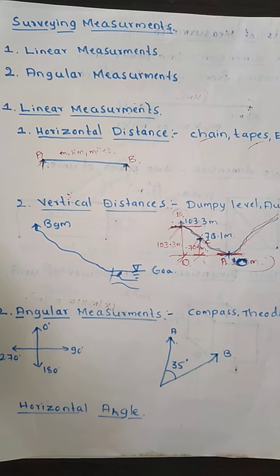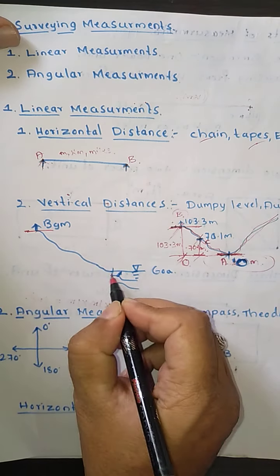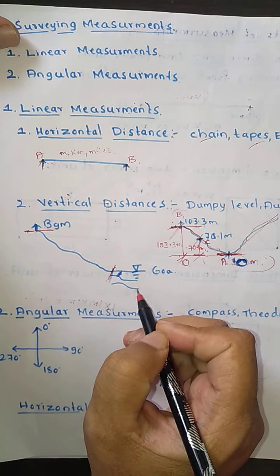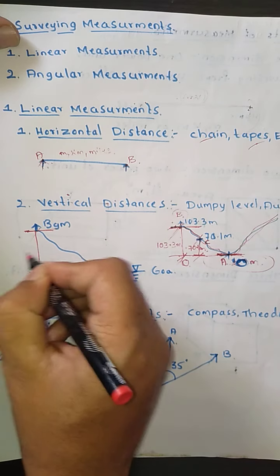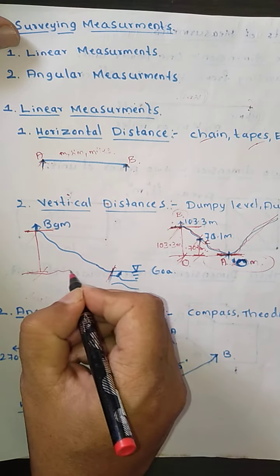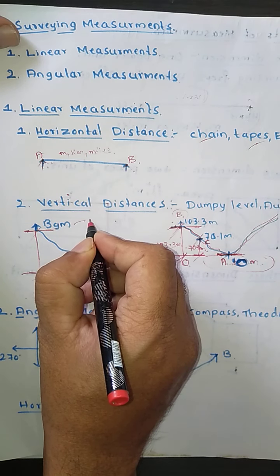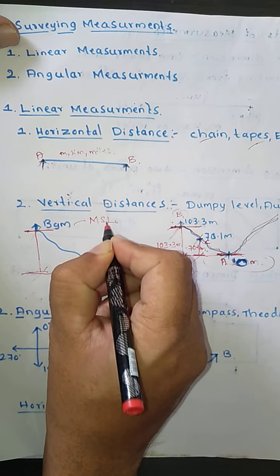Now, Belgaum, as you know, is at a higher elevation compared to Goa. If we want to measure at what height Belgaum is present, we will be measuring it from mean sea level. If you go to Belgaum railway station, you will see Belgaum's MSL, that is mean sea level.